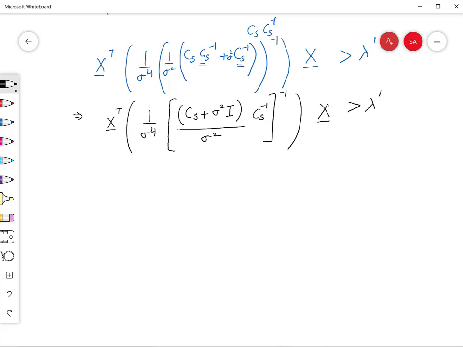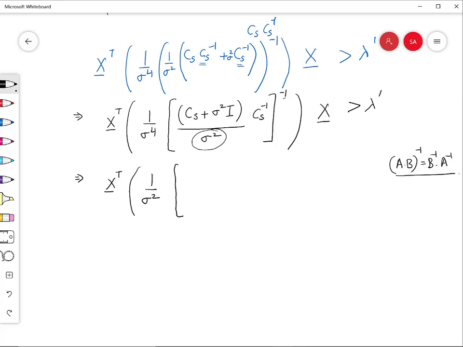Now this sigma square is a constant, I can take it outside. Here there is a power of minus 1, so this sigma square will come in the numerator. So the first thing that we note is it becomes 1 over sigma square, and inside, these two are matrices, so (A B) whole inverse is B inverse times A inverse.